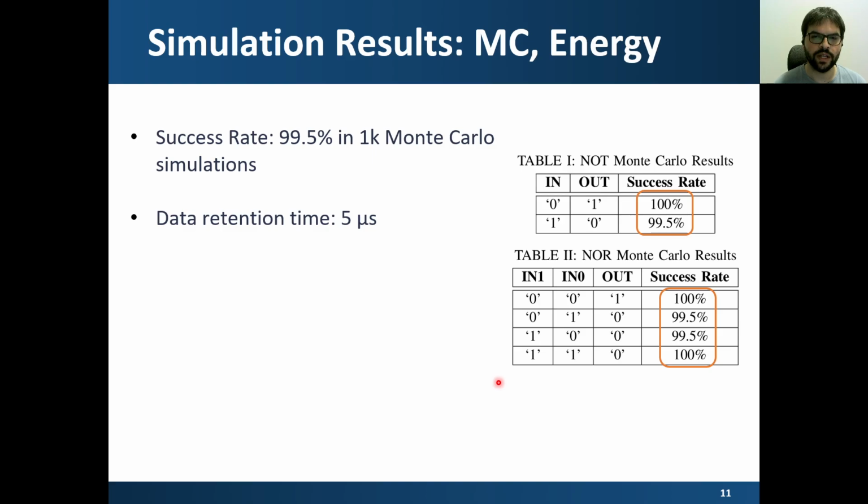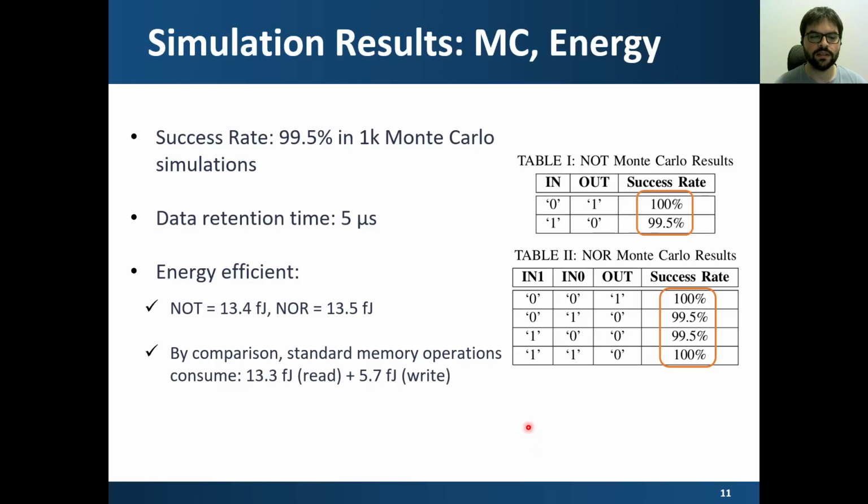For the energy numbers, we show that the operations are energy efficient. For the NOT gate, we have 13.4 femtojoule, and for the NOR gate, we have 13.5 femtojoule. And we say it's efficient since if we compare it to standard memory operations that we also measured in simulation, for read we have 13.3 femtojoule, and for write we have 5.7 femtojoule.